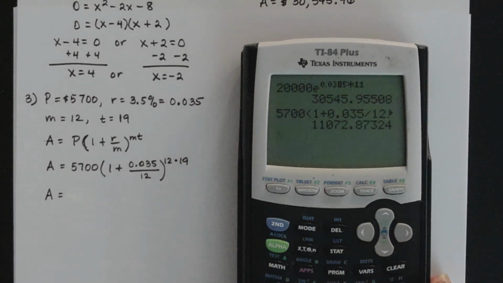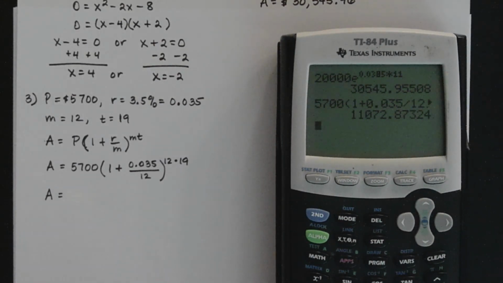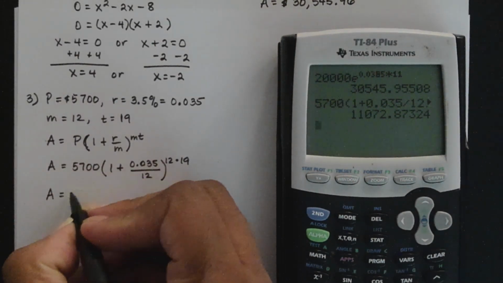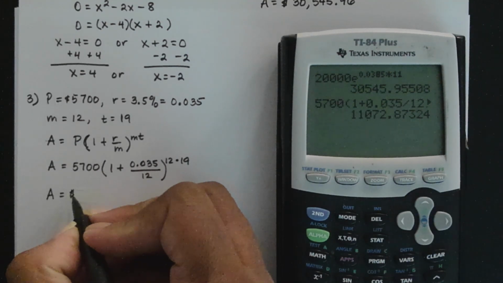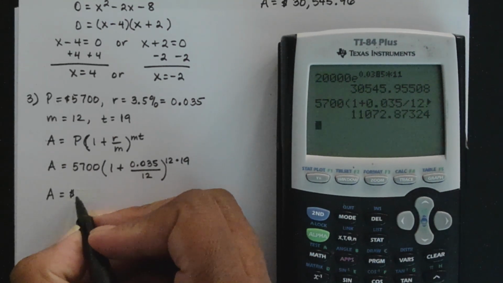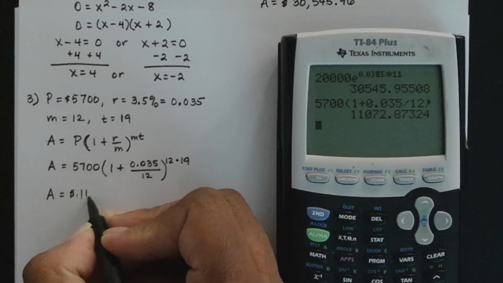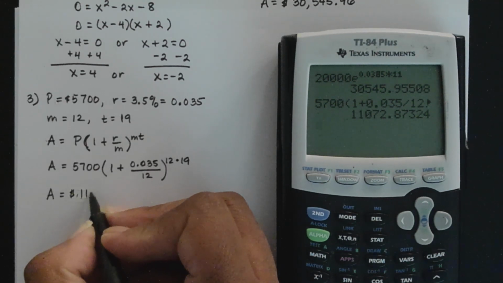Okay. So this is the amount after 19 years of a $5,700 investment at 3.5% compounded monthly, which will be $11,072.87.